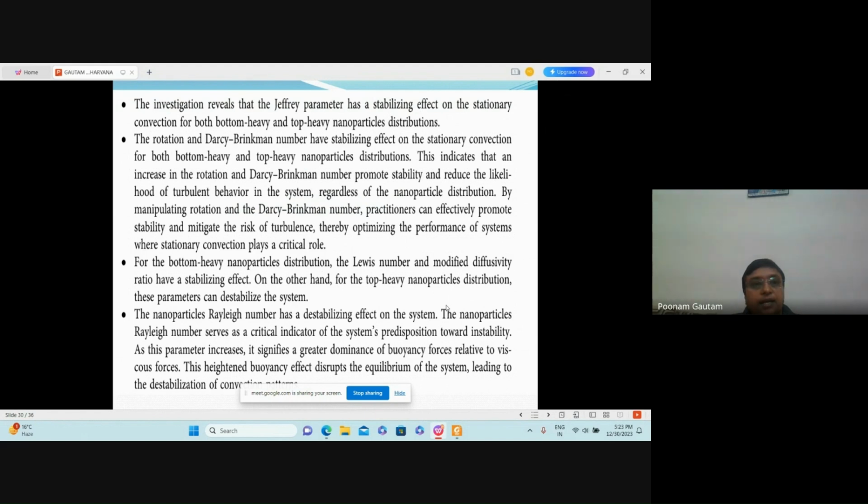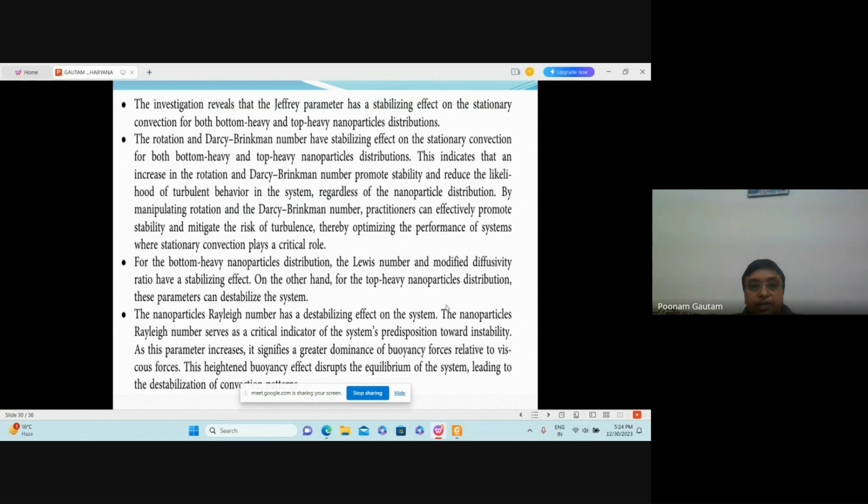This indicates that an increase in the rotation and Darcy-Brinkman number promotes stability and reduces the likelihood of turbulent behavior in the system regardless of the nanoparticle distribution. By manipulating rotation and the Darcy-Brinkman number, practitioners can effectively promote stability and mitigate the risk of turbulence, thereby optimizing the performance of systems where stationary convection plays a critical role.